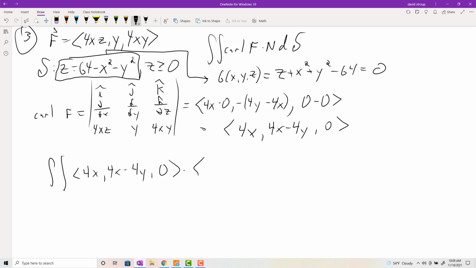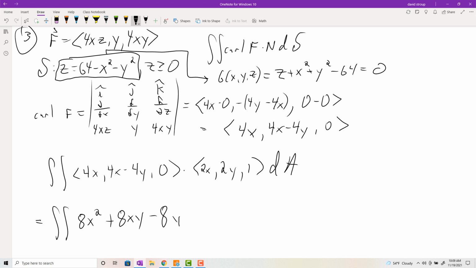So our gradient of that is 2x, 2y, 1. And then dA. Let's see what we get. We get 8x squared plus 8xy minus 8y squared dA.